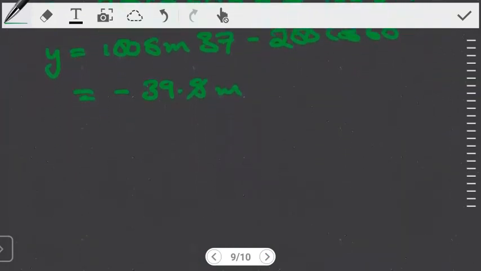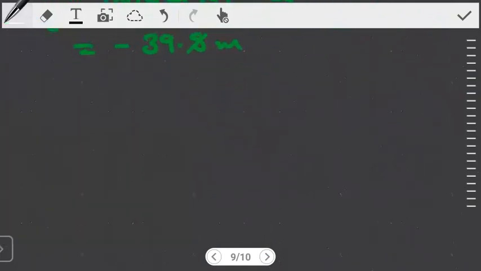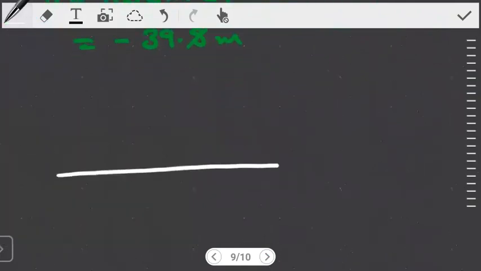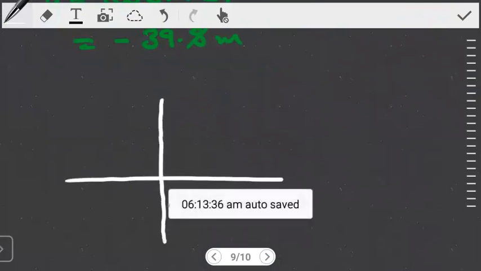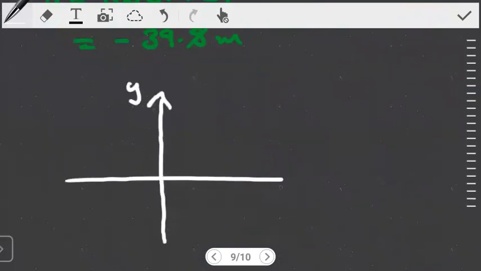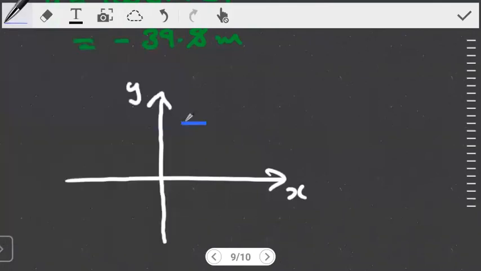Now that we have the x and y component of d3, we can then move on to get the resultant. Now I want you guys to notice one thing here. If we tried to sketch d3 by looking at the components that we've obtained, this is y and this is x. The y component is negative. First let's look at the x component.